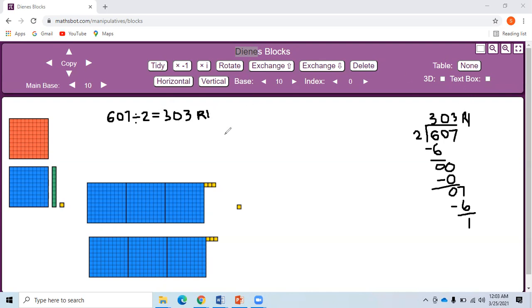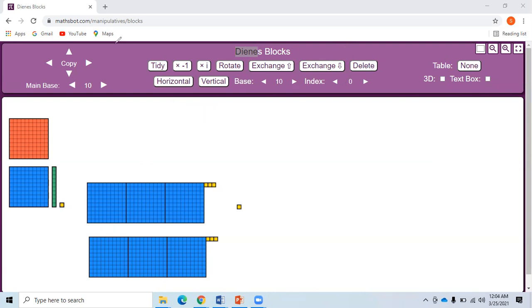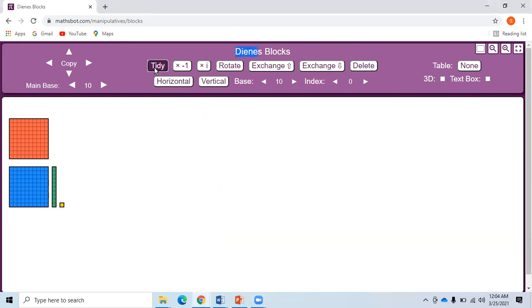No matter how I do it, I have the same quotient. Let's look at one additional example.